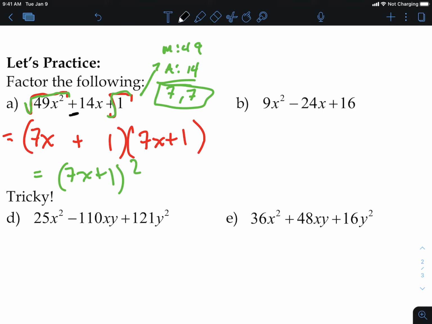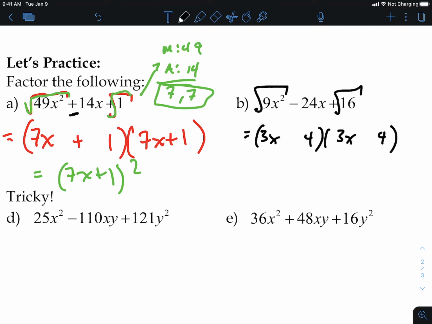I threw a little twist in here. I made the middle term negative this time instead. Steps don't necessarily change. I can still see that I square root the first and last, so it's equal to 3x and then 4. I know I'm going to have 2 of them because we just said that.